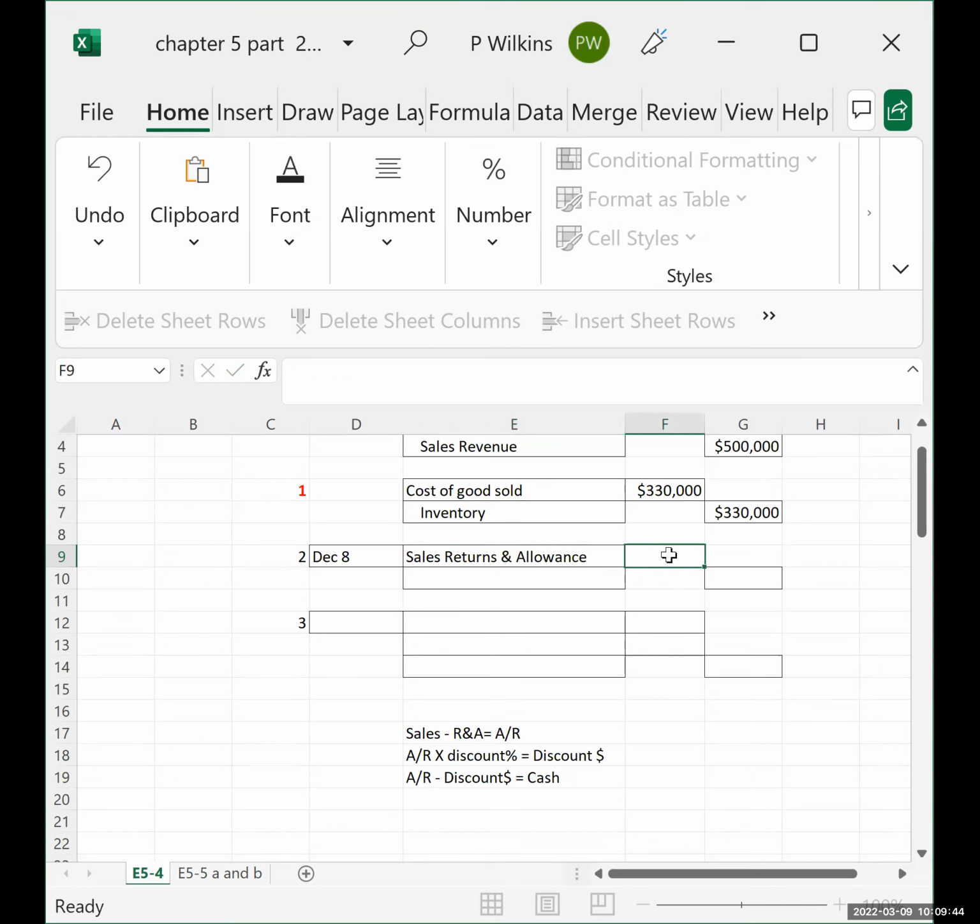And we're debiting that for the amount of the allowance, which is $25,000. And then we're going to be crediting accounts receivable, because we're giving our customer a credit. And that's $25,000.